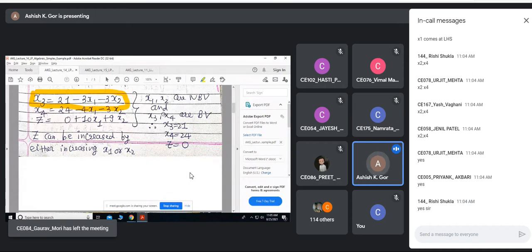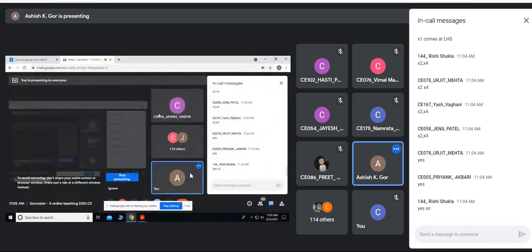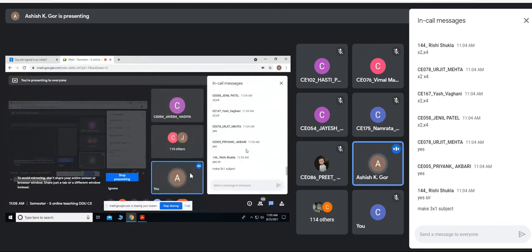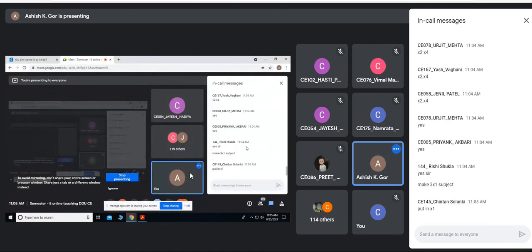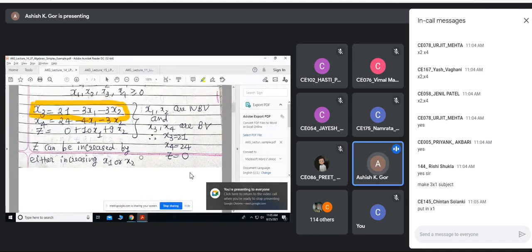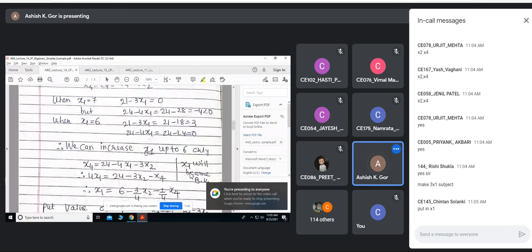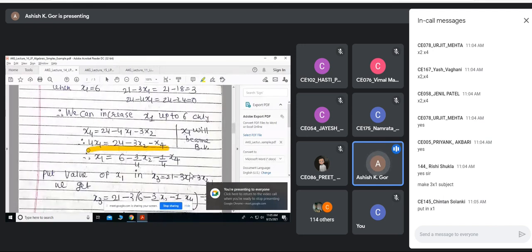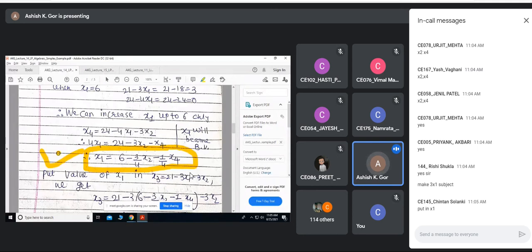So what should I do? Rishi, Priyank? Put in x1. Yes. Very correct. So what I do is, I put this value of x1, which I obtained just by rewriting and arranging, right?